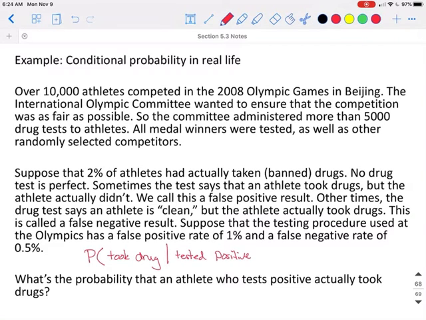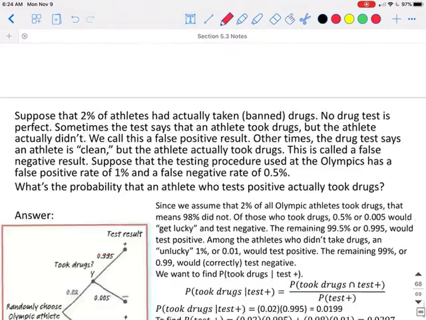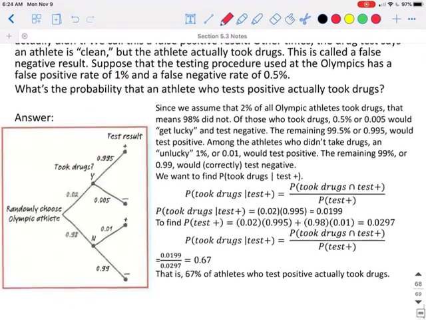So we can start this by making ourselves a tree diagram. So the athletes could have, yes, taken the drug, and we said about 2% of them take the drug, or no, they did not take the drug. If 2% do, then 98% do not.